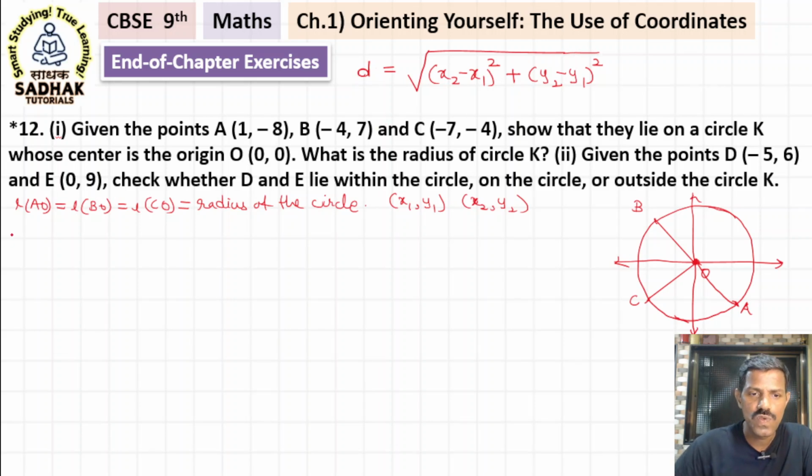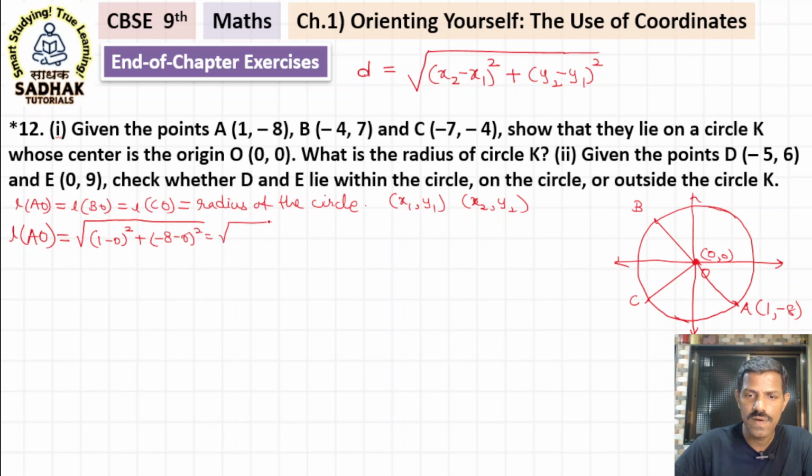So if we want to find out the length of AO, then the coordinates of A, let us consider them as x1, y1. So 1 comma -8 will be our x1, y1, and O, that is 0, 0, are our x2, y2. I am applying the distance formula directly now. So (1 minus 0) the whole square plus (-8 minus 0) the whole square.